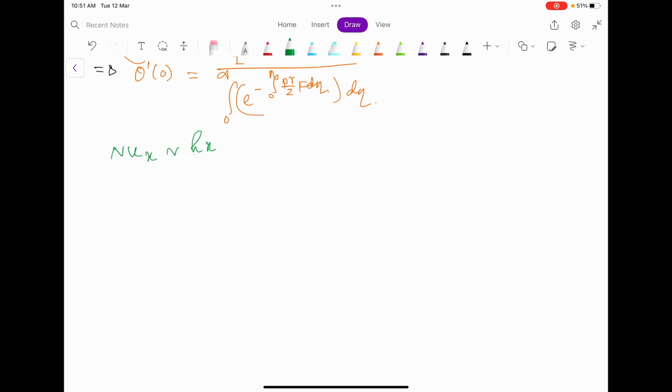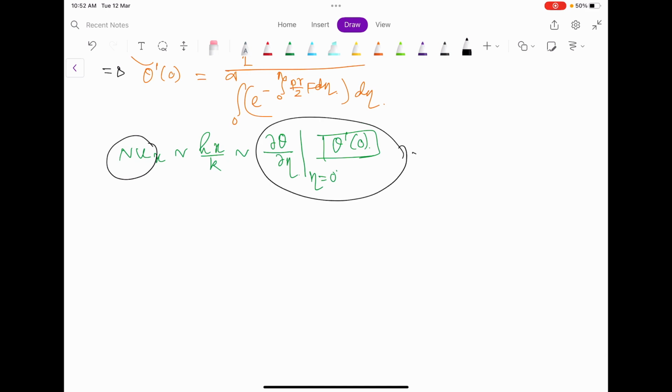Nu x is h x by k, and that is the non-dimensional temperature gradient at the wall, at eta equal to 0. This theta dash of 0 will be the leading constant of the Nusselt number. This is the order of the Nusselt number that we will get, and we will see whether it is the same as the order we got from the scaling analysis.